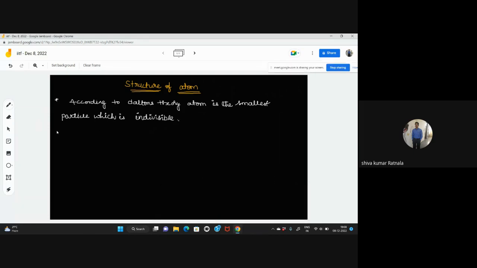But later on, from the experiments, it was concluded that atom is also divisible into small particles. From there, we came to know that in any atom there are more than 100 types of fundamental particles.